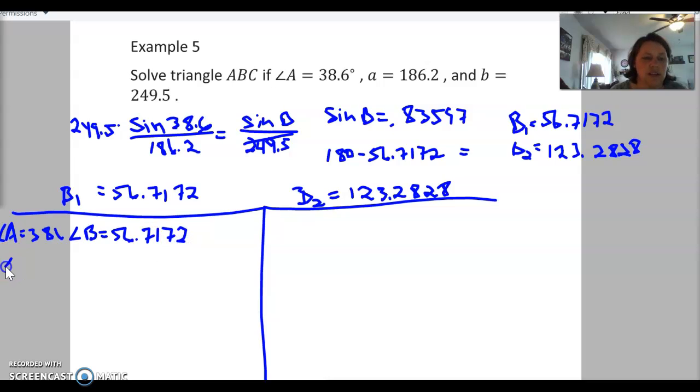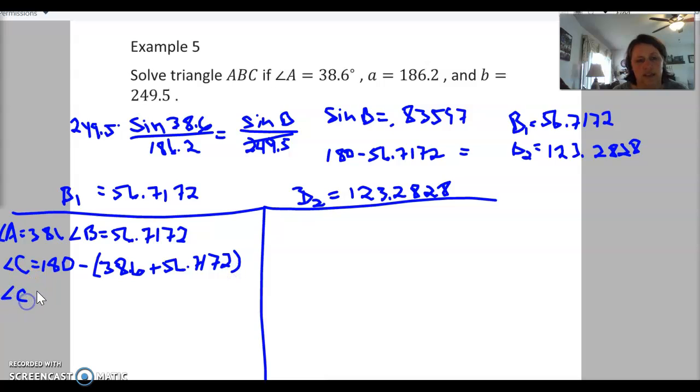So to find the measure of angle C, we are going to take 180 minus the sum of angle A plus angle B. So angle A was 38.6 plus 56.7172, and we end up with angle C equals 84.6828.